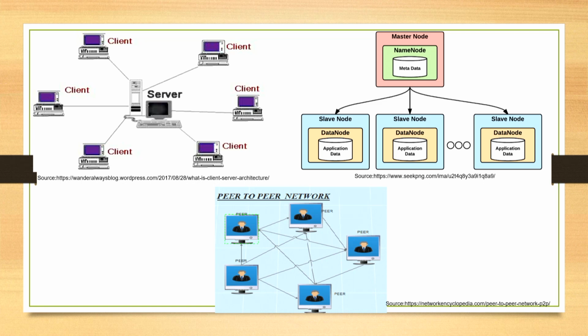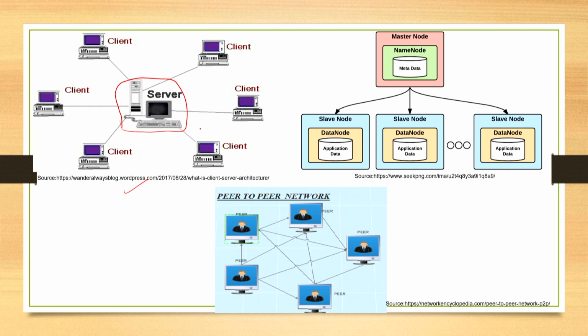So, these are the diagrams that represent client server, master slave and peer to peer networks. Let us start with the client server. Here you see that there is one server and a number of clients attached to it.